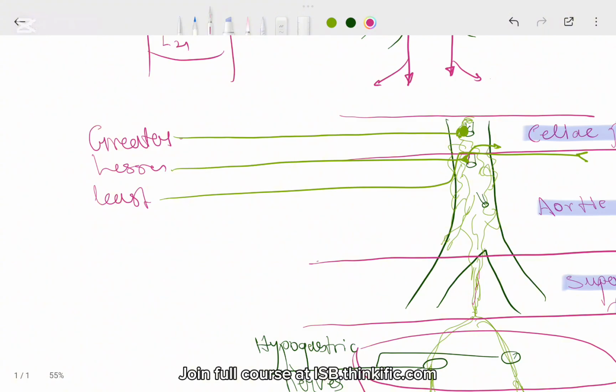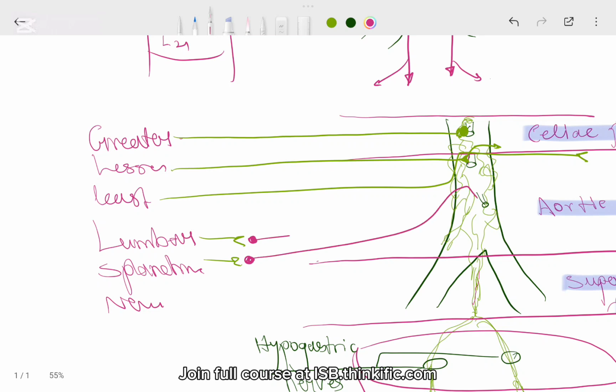In addition, there are the lumbar splanchnic nerves, which are 2 to 4 nerves, and which are post-ganglionic, remember that, so we're going to draw them like this, from L2 and L1. They also come in to be distributed into the hindgut, as we said, and down below they go.